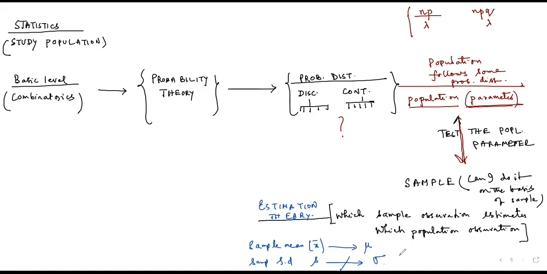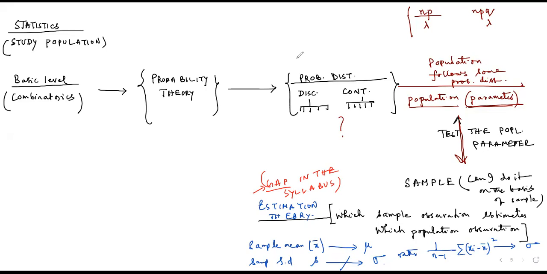Rather, if we divide this quantity by n-1, this correctly estimates the population standard deviation. All these things are taught in the estimation theory. Estimation theory is the gap in your syllabus. If you open the syllabus, you will find that in BSM 201, this estimation theory is missing.